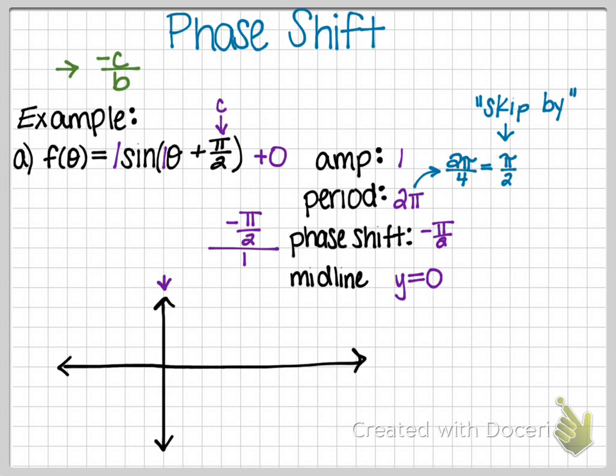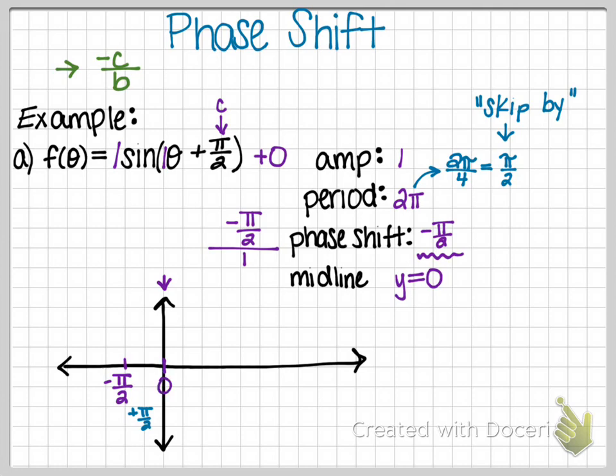But I'm shifting to the left pi over 2. So instead of starting at 0, my first guy is going to be at negative pi over 2. And then I go with what I skip by. So I have negative pi over 2 plus pi over 2. So then my next mark is going to be at 0 here.